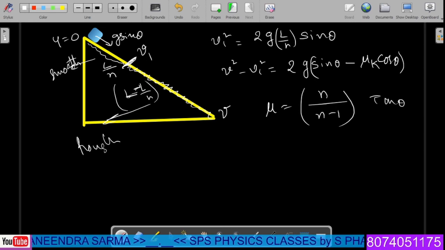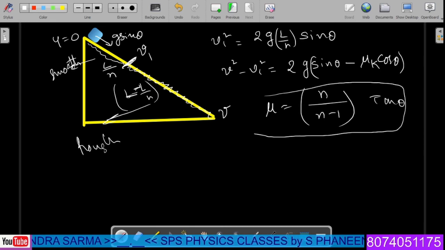Half of the length is given, that means L by 2 is given. That means you can write 2 by 2 minus 1, that means 2 tan theta. That is the value of mu. Okay, next is what is the value of v1? Already we got the value of v1. And what is the final velocity?